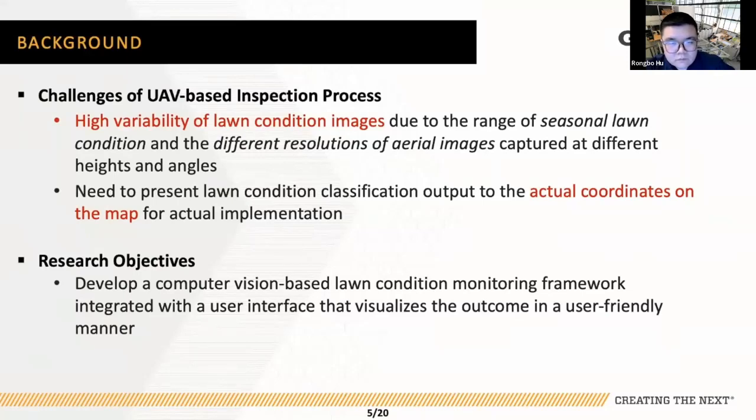We also need to present our classification results in a more user-friendly manner in order for users to fully utilize our method. So the goal of this project is to develop a computer vision-based lawn condition monitoring framework, which is integrated with a user interface so that it visualizes the outcome in a very user-friendly manner.